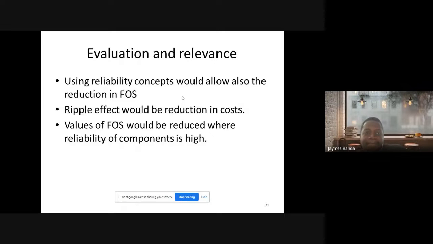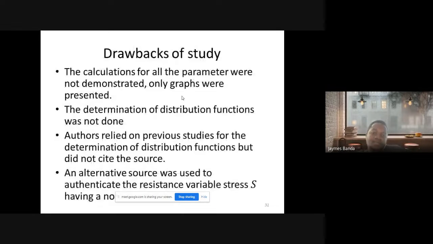In terms of some drawbacks of the study, the calculations for all parameters were not demonstrated. Only graphical results were presented, and the determination of the distribution function was not done. The author only relied on previous studies for the determination of distribution, but this was not cited in the text.